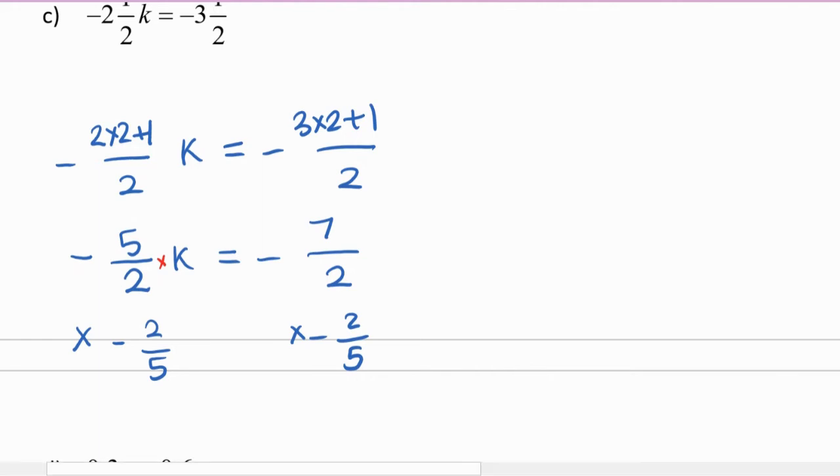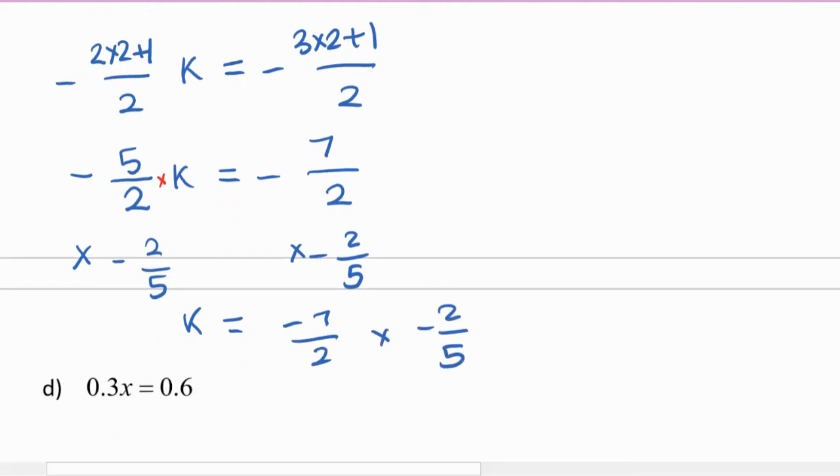Okay, k equals negative 7 over 2 times negative 2 over 5. Look at the diagonal: 2 and 2 are divisible by 2, so it becomes 1 and 1. Negative 7 times negative 1 becomes 7, and 1 times 5 becomes 5.